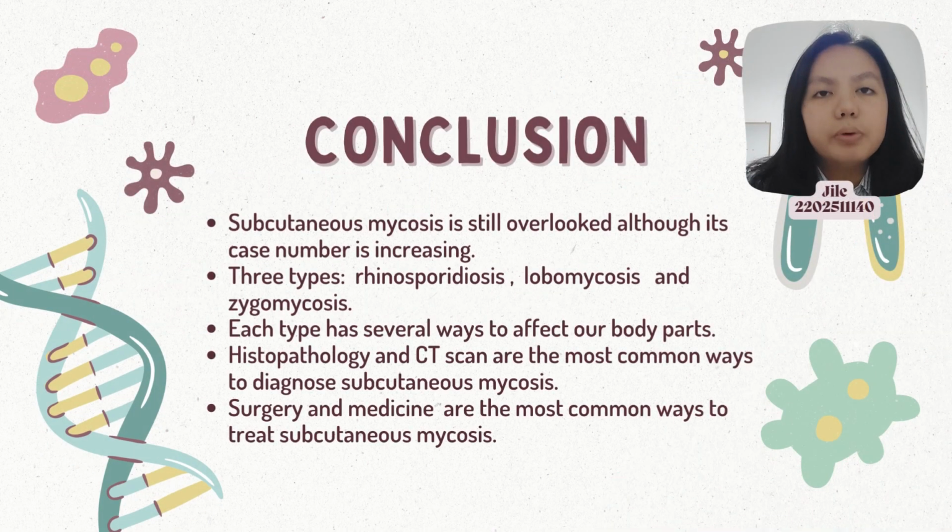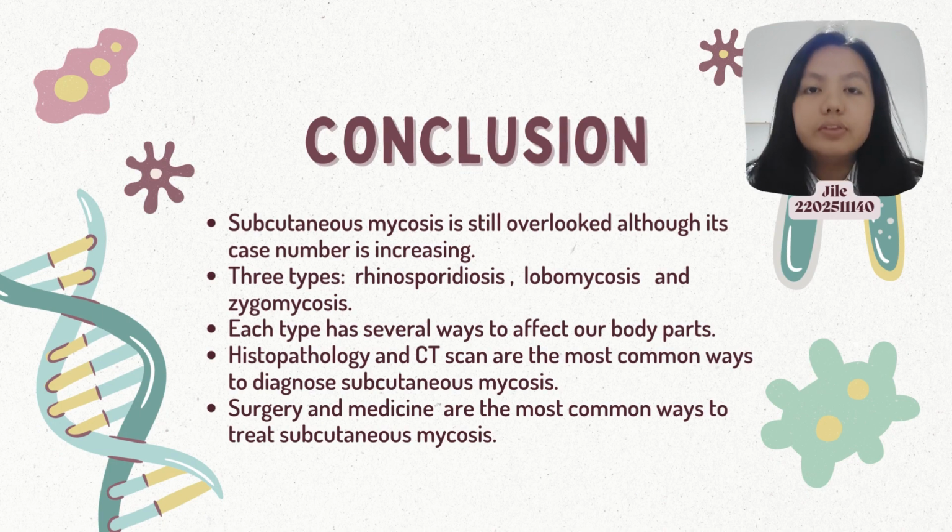Lastly, to conclude our student project presentation, first, subcutaneous mycosis is still overlooked, although its case number is increasing. There are three main types of subcutaneous mycosis mainly discussed, which are rhinosporidiosis, lobomycosis, and zygomycosis. Each of them varies in how they affect our body parts.